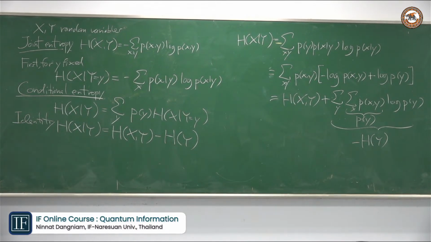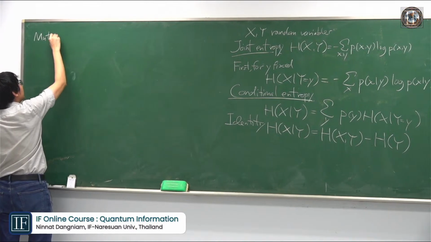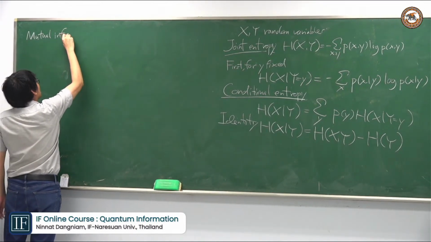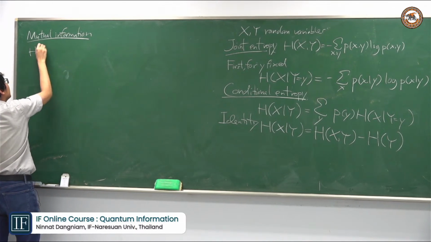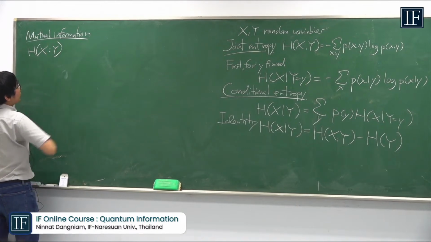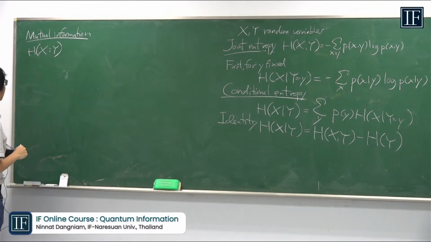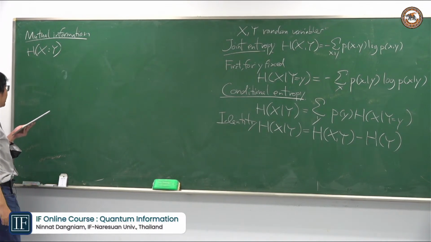Another quantity that people define to talk about correlation, and that is also important in Shannon's theory, is the mutual information. This is the mutual information between X and Y. Some people use a colon like this, some people use a semicolon.